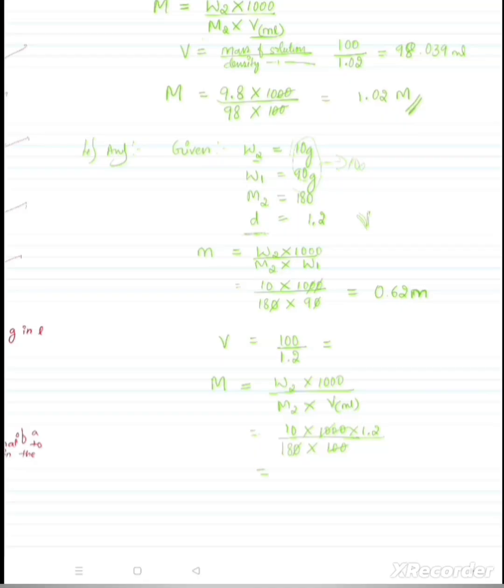If we do the substitution, you will get 0.67 molar. We got the molality and we got the molarity also. Understood? So by knowing the formulas, we can easily find out the molarity and molality of the solution. Got it?